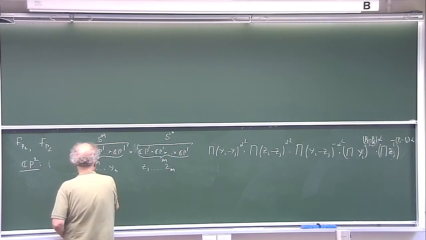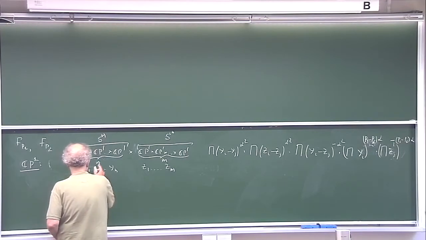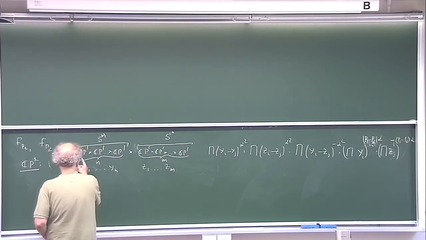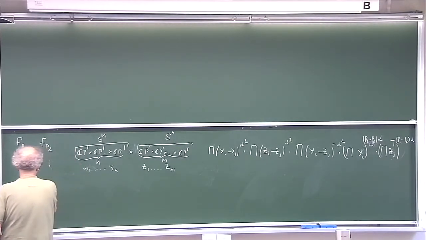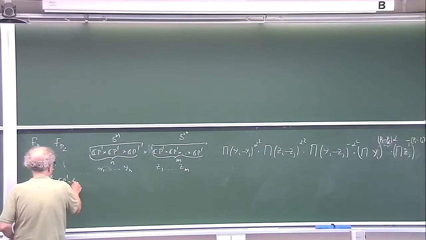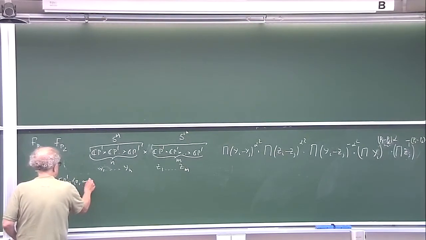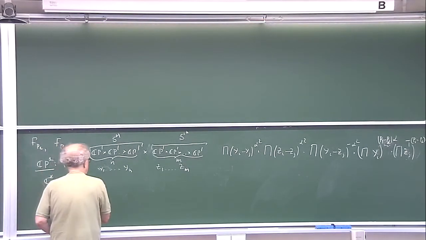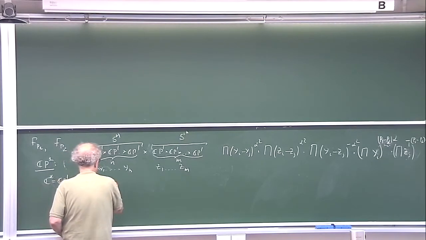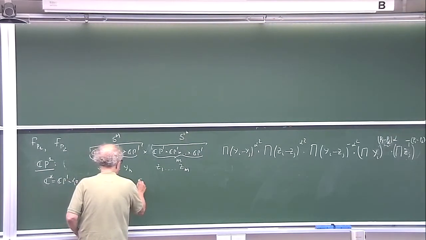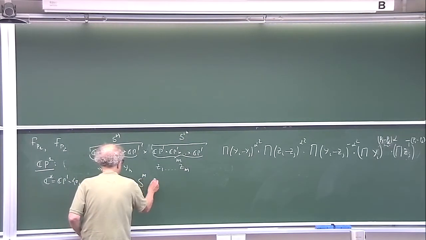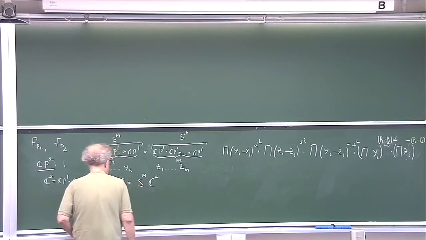We have C star, maybe it is CP1 without 0 and infinity, and we have the n-symmetric power of C star here, times the m-symmetric power of C star here.